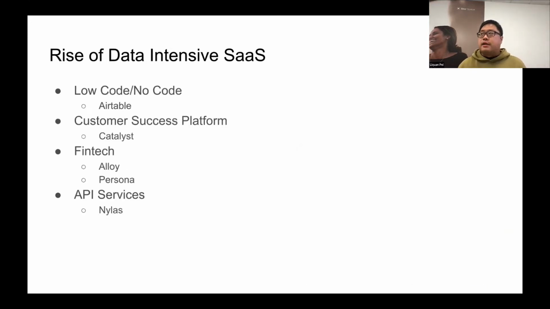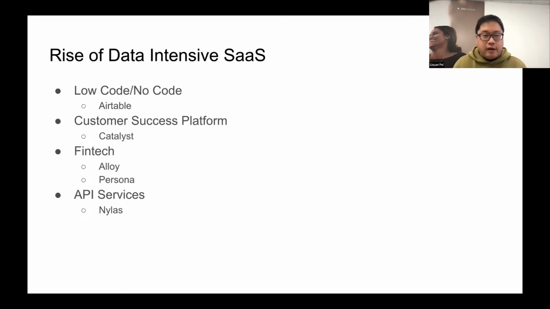If you think about it, there are many verticals, with special-purpose-built SaaS applications for different verticals. For example, if you look at CRM, there's Salesforce, and there are a lot of customer success platforms like Catalyst and Gainsight, and there are a lot of know-your-customer types of services available for fintech companies to build their applications.